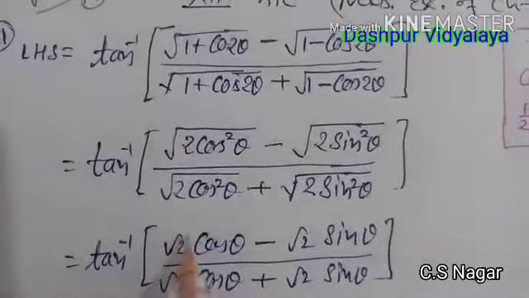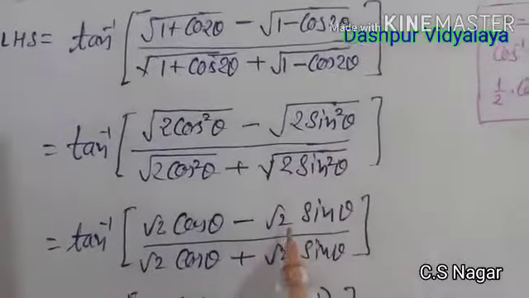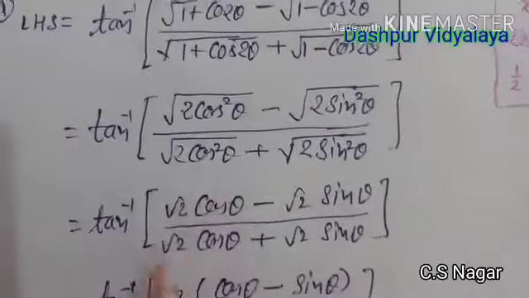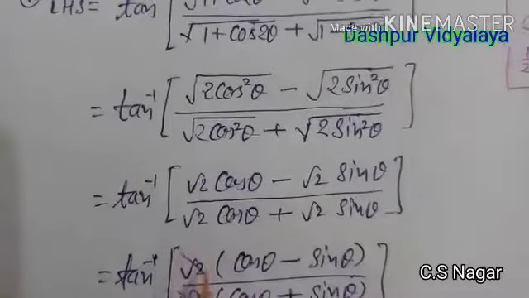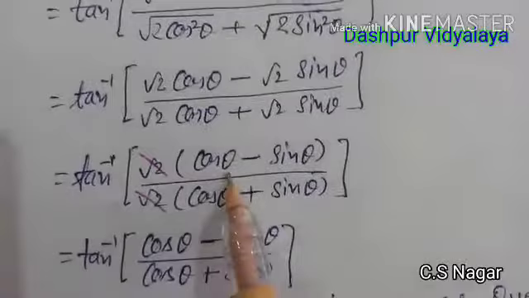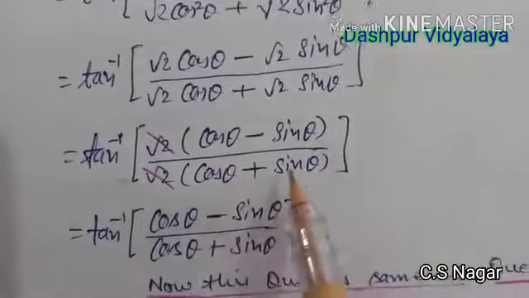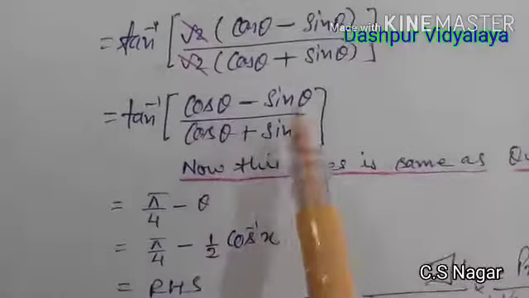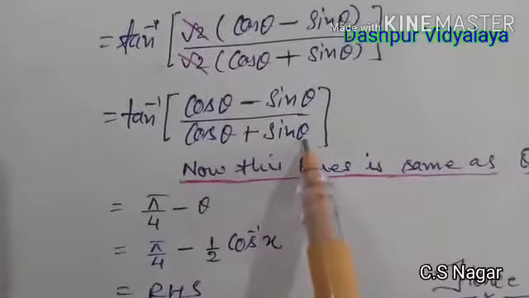It will be root 2 cos theta, this will be root 2 sin theta, and same in its denominator. In the next step root 2 is common, so cos theta minus sin theta upon cos theta plus sin theta, root 2 common and cancels out.